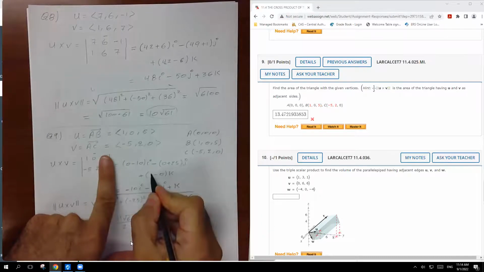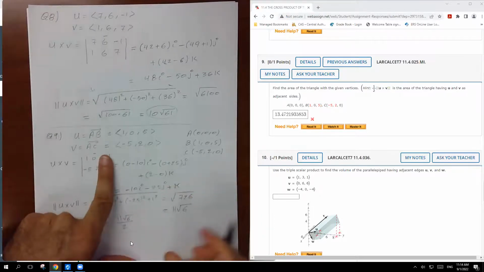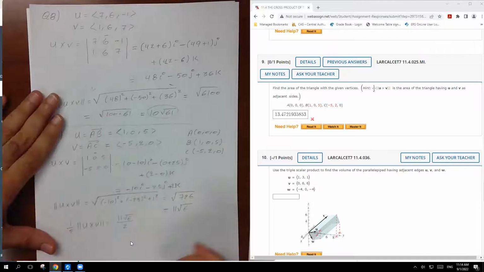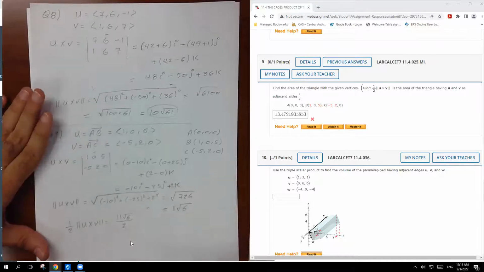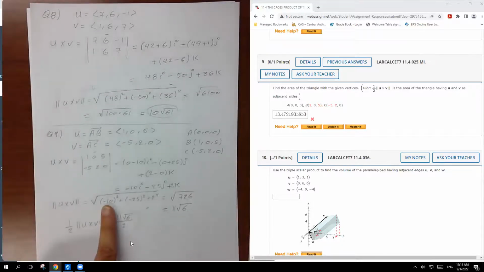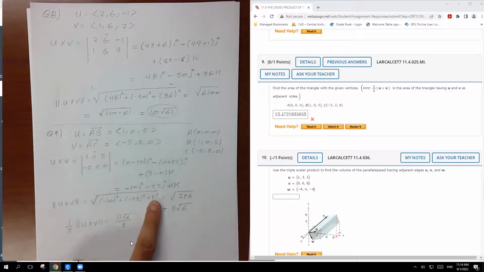So 2 minus 0, that means here it is going to be 2k. And then this one is going to be 2 squared. This is 100 plus 625, it's going to be 725. So it's going to be 729.